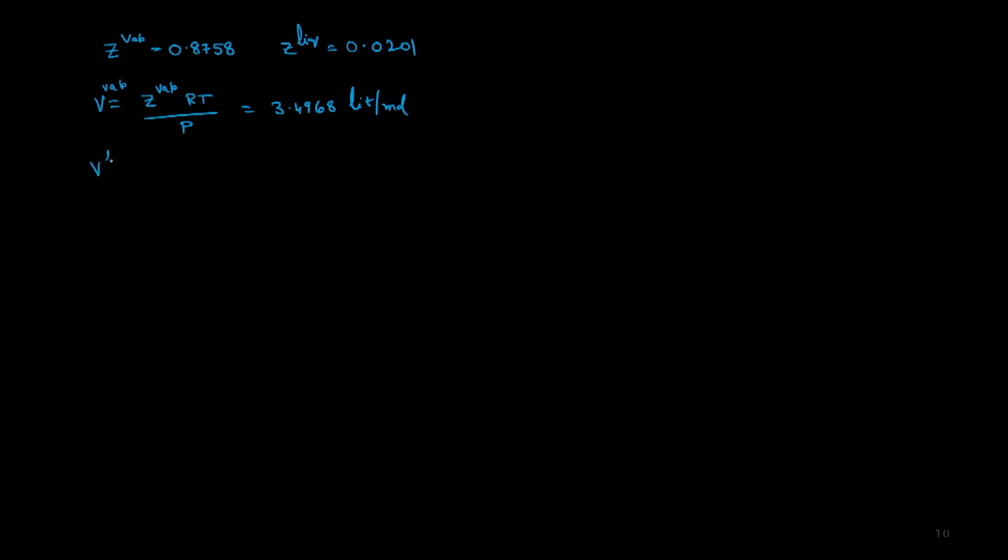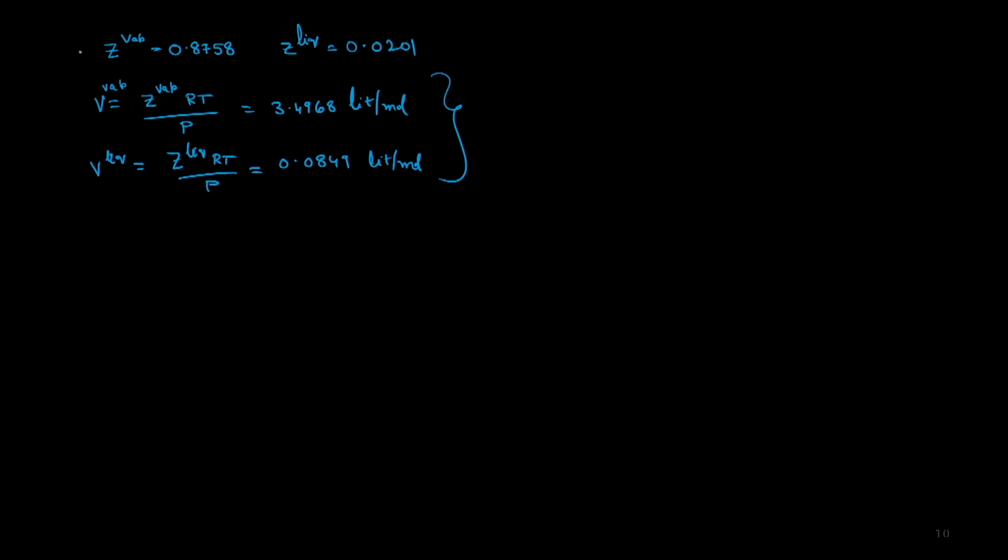And the liquid molar volume is going to be Z liquid times RT over P, which is 0.0849 liters per mole. These compare well with the experimental values, but for this particular problem, what we're interested in is actually the integral I and then calculating HR over RT. We in fact don't have to calculate the liquid and vapor molar volumes. I've just calculated them to refresh your memory on how we have used these to calculate molar volumes.